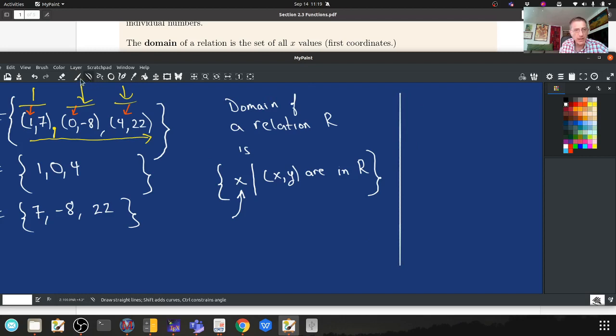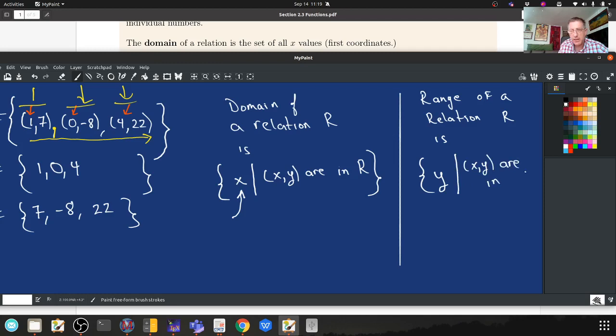So the formal definition of the range of a relation is going to be the following. The range of a relation R, I'm giving it a name R just because it's easier to refer to it, is a set of y values such that x, y are in R. So that's the formal set theoretic definition of a range, and this is the formal set definition of a domain.